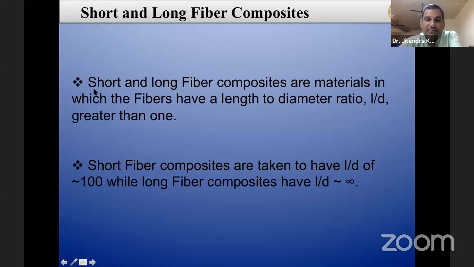So if it is greater than 100, then all such fibers are known as long fiber composite material. But if the length to diameter ratio tends to 100, then that is called a short fiber. Infinite means your diameter tends to zero, as you are reducing the diameter of that particular composite. So in that way it can tend to zero, infinite.